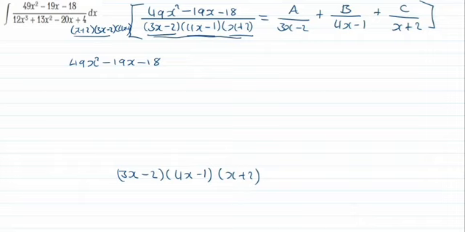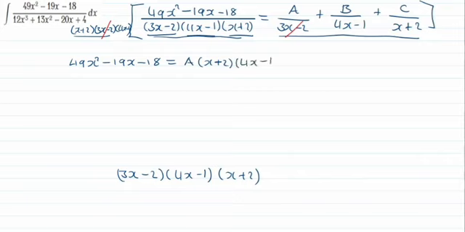Then when you multiply this by this other side, you see that 3x minus 2 is going to cancel out with 3x minus 2, meaning that what will remain is this will be equal to A multiplied by x plus 2 multiplied by 4x minus 1.